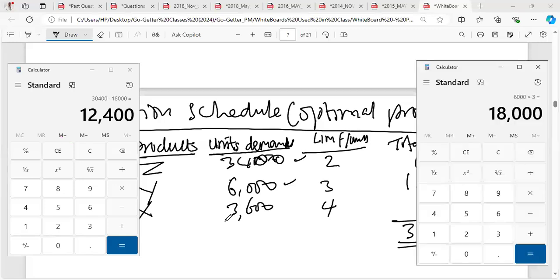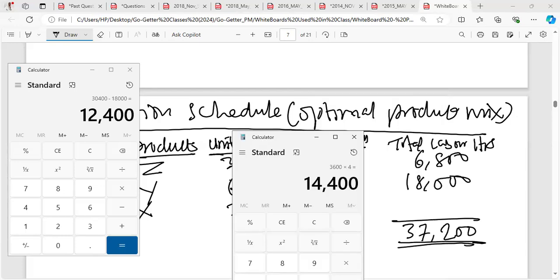12,400 should be left. If we are to do 3,600 multiplied by 4, you know it's more than 12,400. We have 14,400. So that shows you that you cannot do the whole of 3,600. So what do you do?